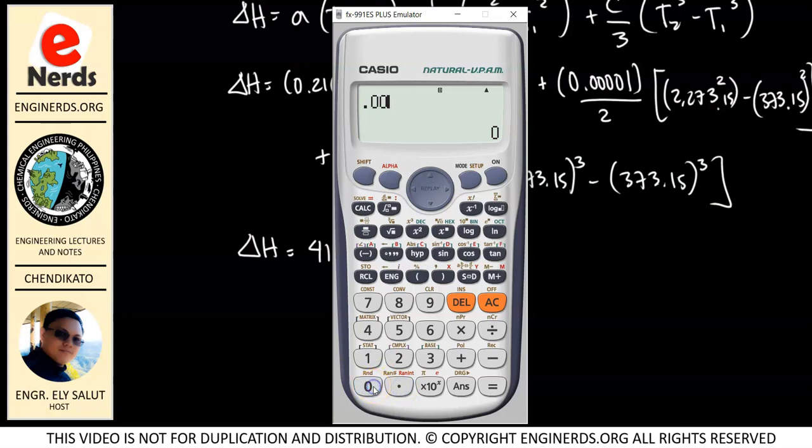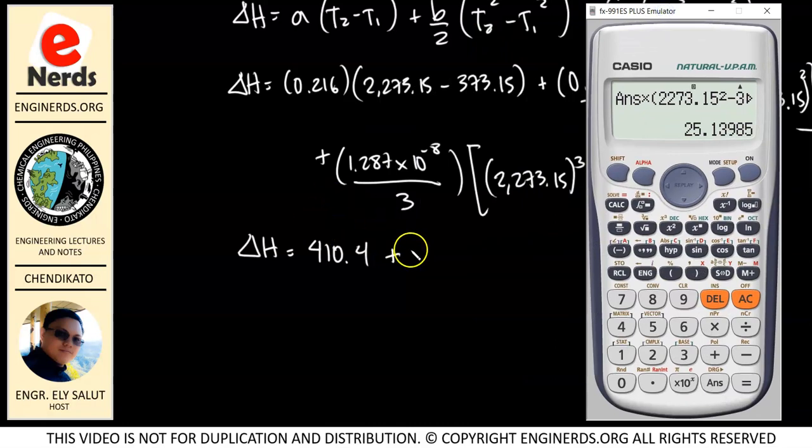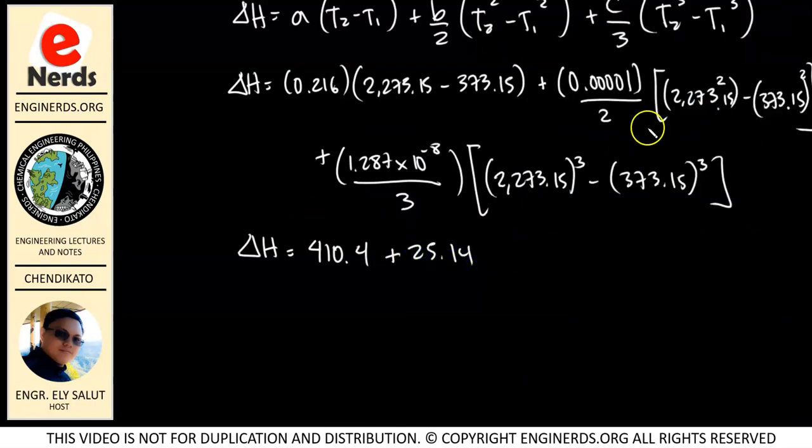So 0.00001 divided by 2 times 2,273.15 squared minus 373.15 squared. So this is equal to 25.14. So we have 25.14 in our second term.